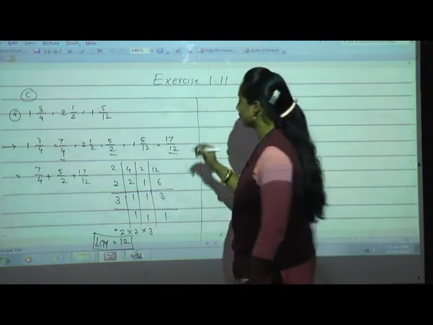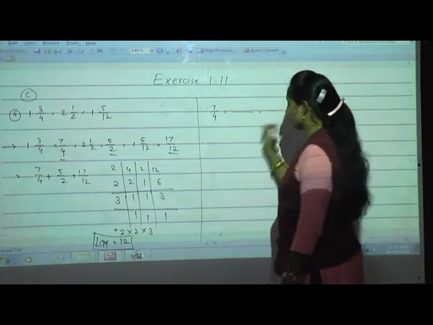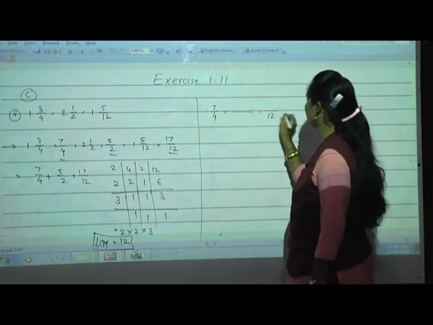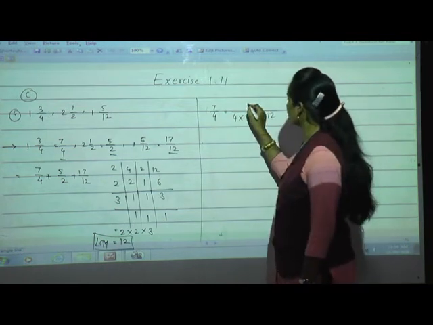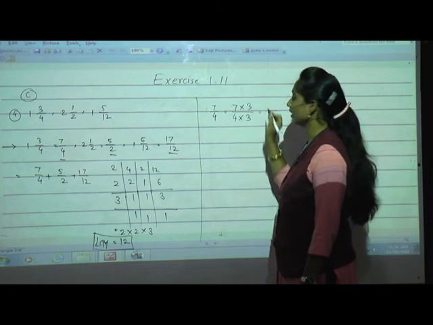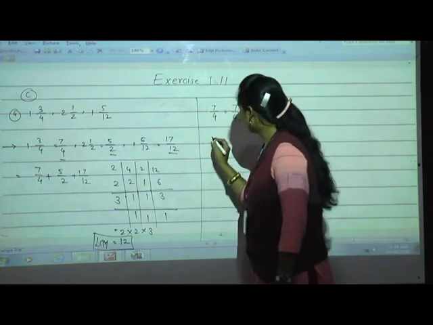Now we have to convert unlike fractions into like fractions. 7 upon 4. What should come in the place of denominator? 12. 4 3s are 12, so here also we have to multiply with 3. 7 3s are 21. Now next number 5 upon 2.